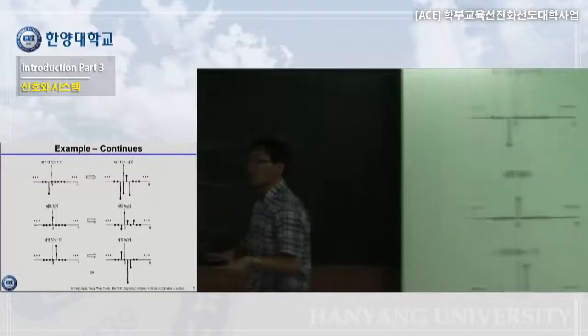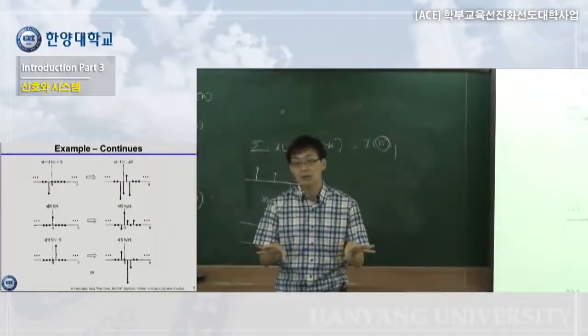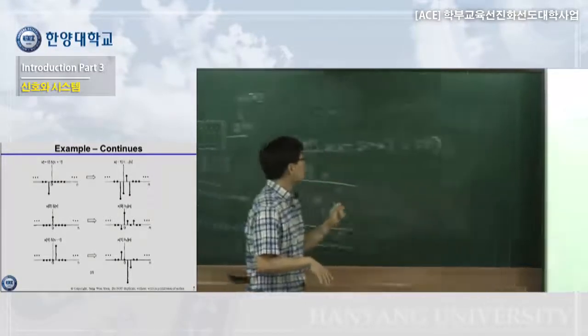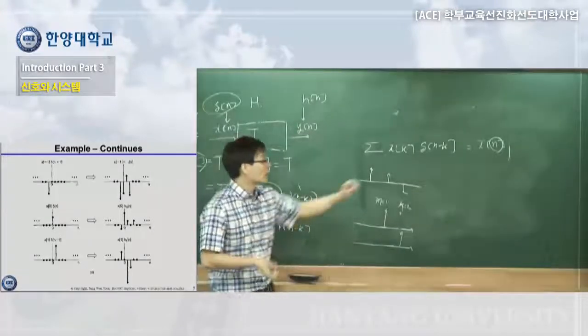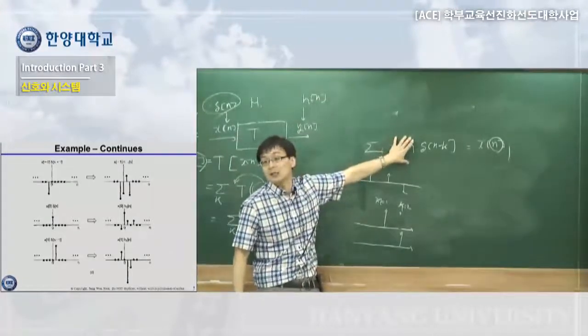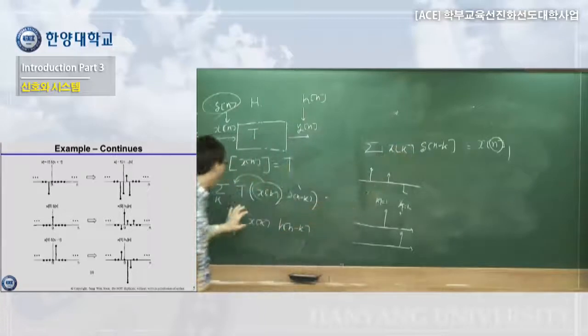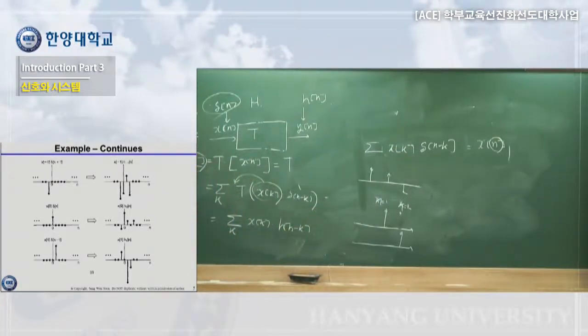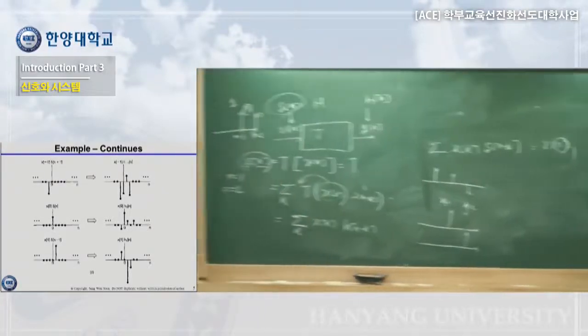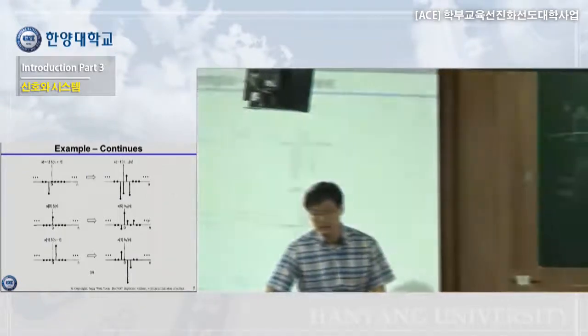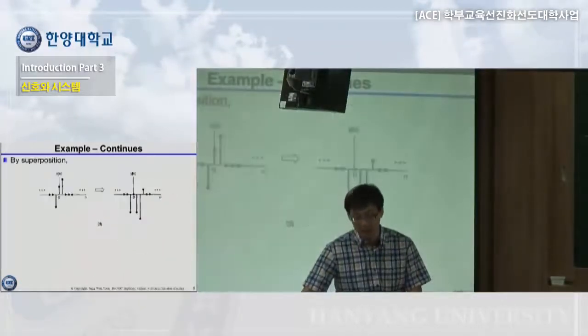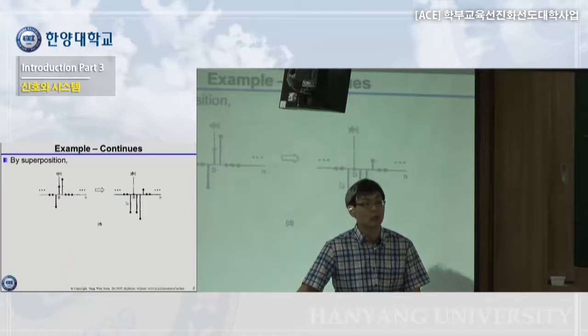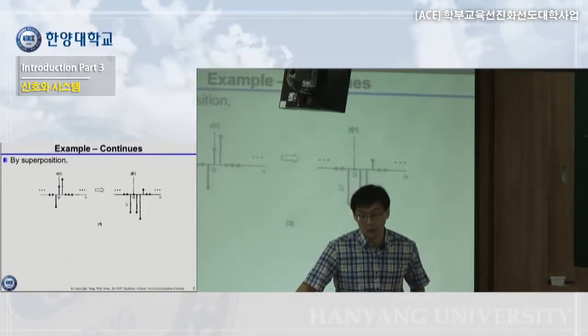Because this is a linear system. If it's not a linear system, we cannot do it. And then we are finding y by each component of this. And then we add them together to find y, by superposition. That's how this function goes.